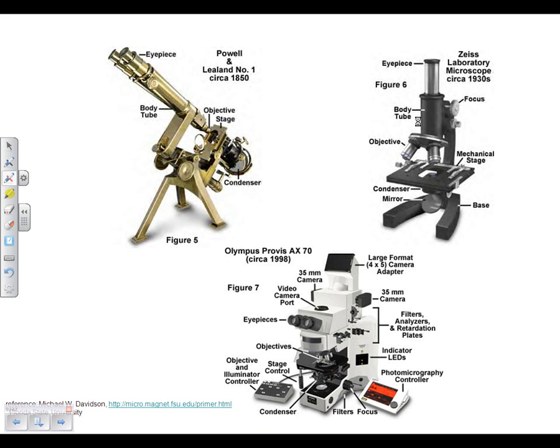And the real difference between this and what you're going to use in the lab is this one only has one ocular. All of yours are going to have two oculars. And though some of you will find it difficult, now is a good time to learn to actually open both eyes while we're doing this microscopy lab and look through both oculars.